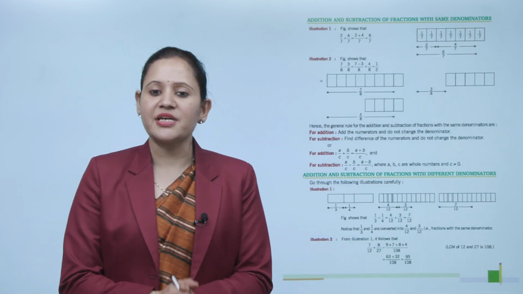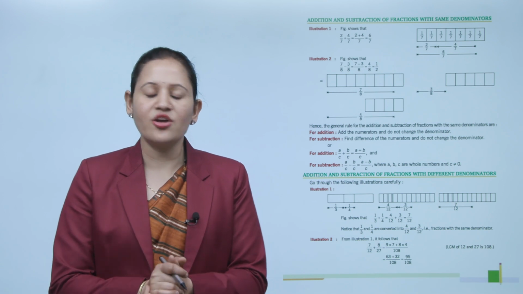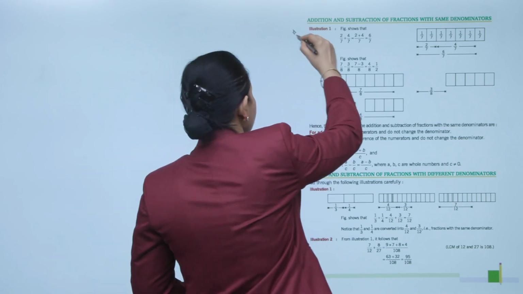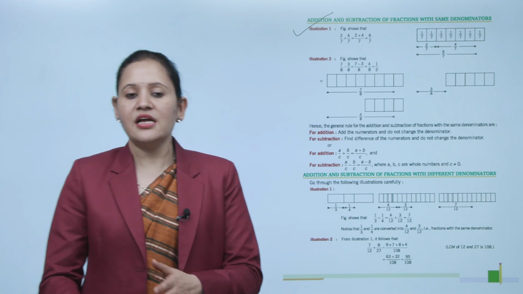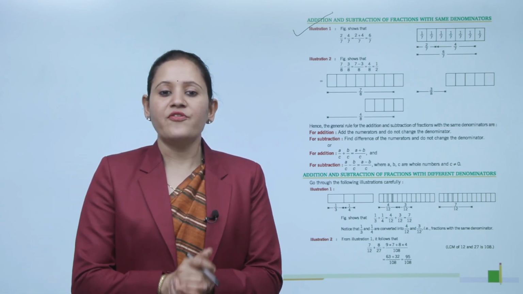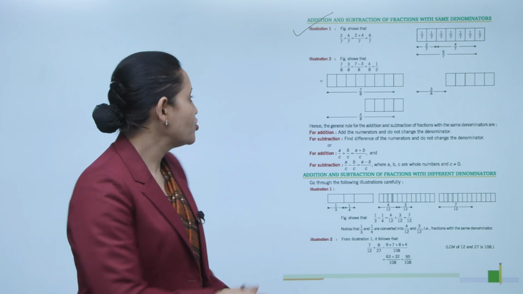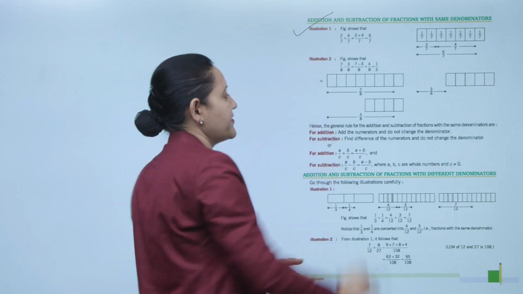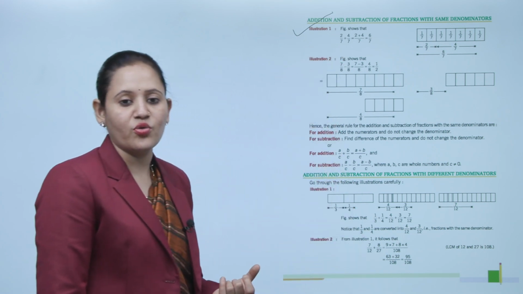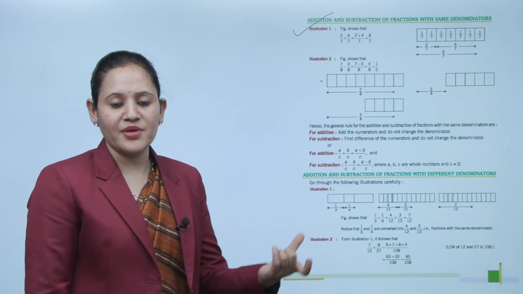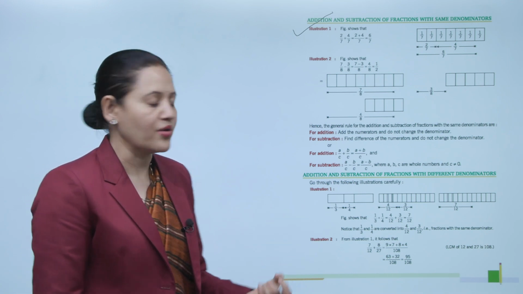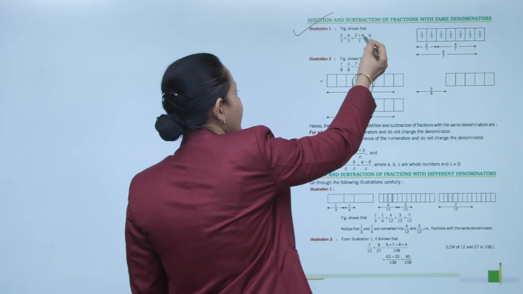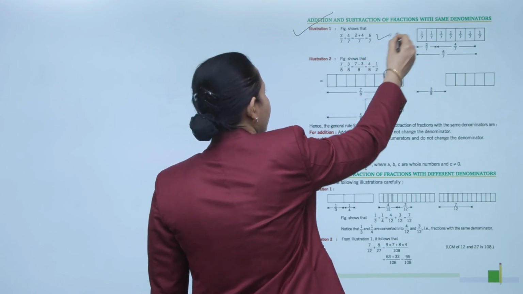Next is addition and subtraction of fractions with the same denominator. Illustration 1. The figures show 2 by 7 plus 4 by 7. The denominators are the same, so we will simply add the numerators and write the common denominator below. So 2 plus 4 is 6 upon 7.